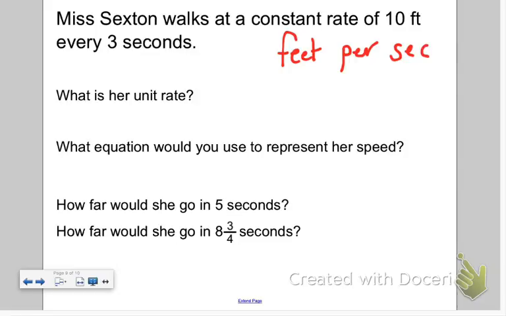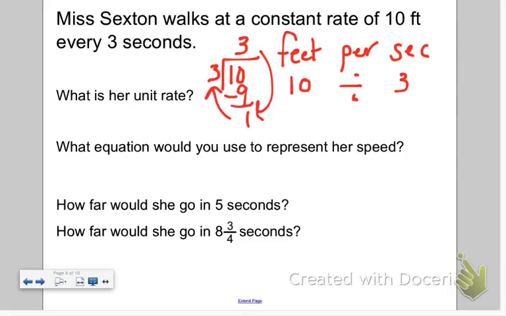I'm going to have to do division. If you remember, to find unit rate, we usually divide. In this case, feet divided by seconds. Feet is 10, seconds is 3. I'm going to have to do 10 divided by 3 to figure out my unit rate. Let's see what happens. 10 divided by 3. 3 goes into 10 3 times. That gives me 9.